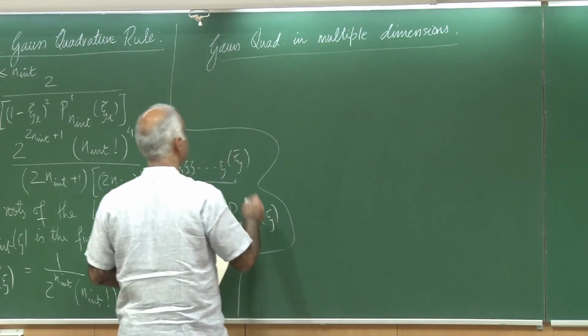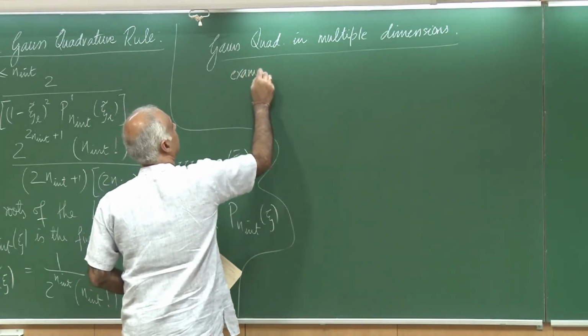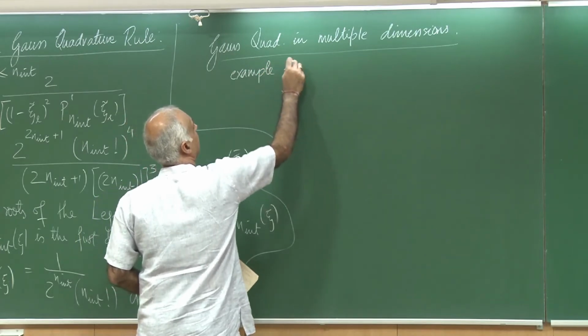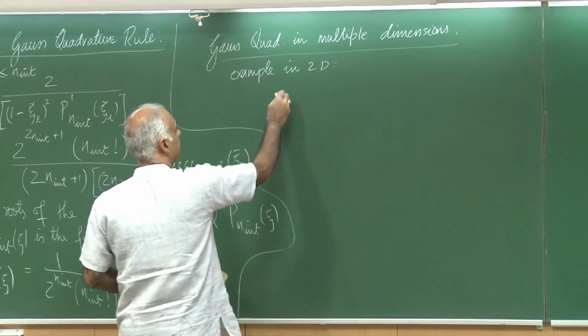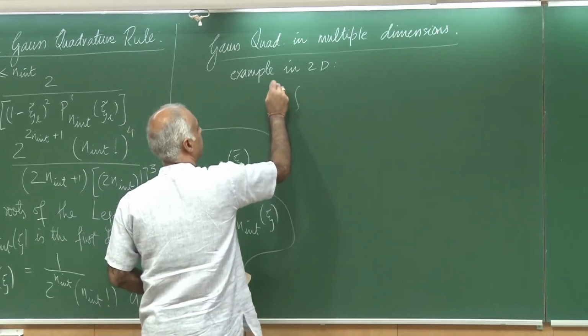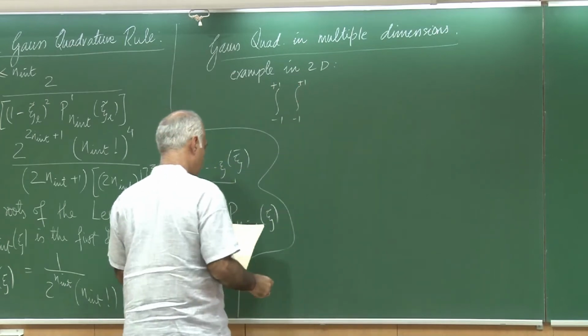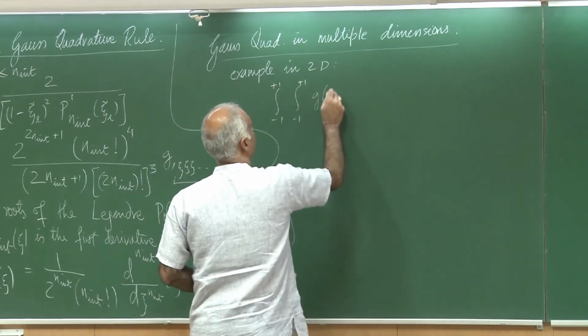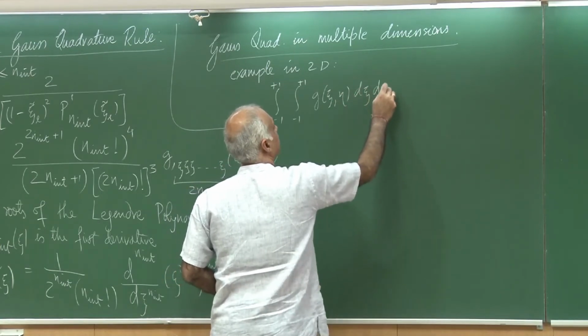Let us give an example in 2D and then we will generalize it. Suppose I am to carry out an integral in 2D, minus 1 to plus 1, g of xi eta d xi d eta.